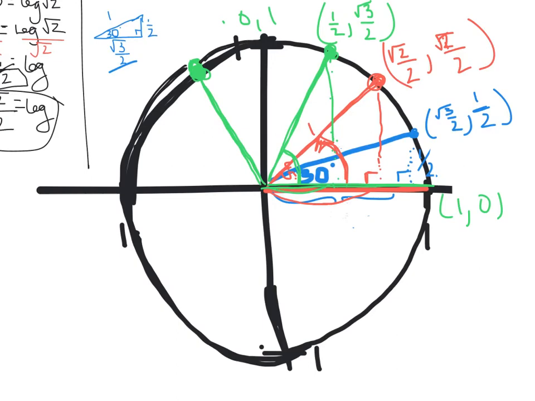So this coordinate is going to be a -1/2 and a positive square root of 3 over 2.